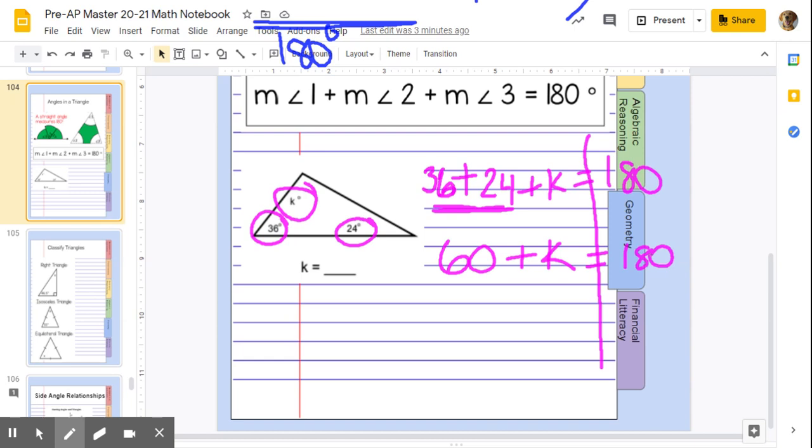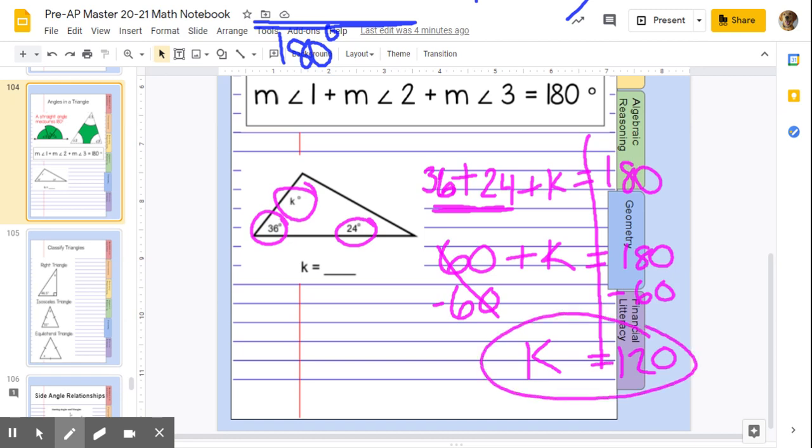Okay, now we want to get that K on its own. So I'm going to subtract 60 from both sides. So 60 minus 60 is 0. So on the left I have K left over. And then 180 minus 60 is 120. So K is equal to 120 degrees.